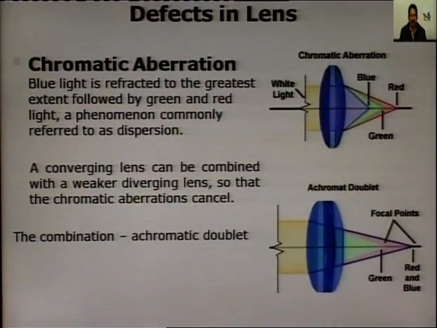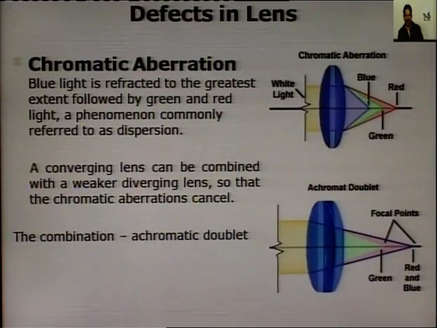The other type of aberration is called chromatic aberration. Chromatic means colors. We know white light consists of 7 colors, and when this white light is incident on a lens, the refractive index of the lens is dependent upon the frequency of the light; this phenomenon is called dispersion.